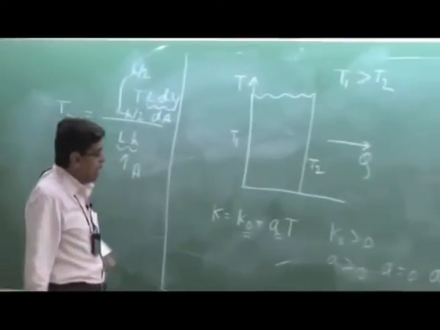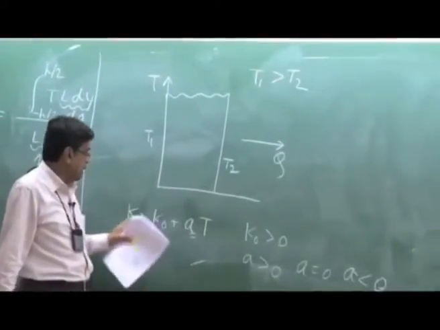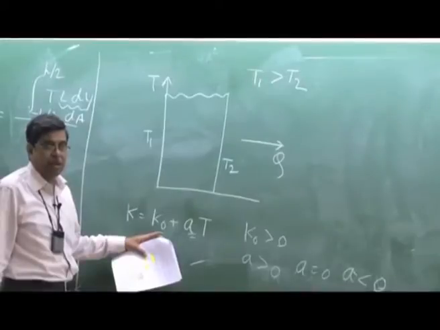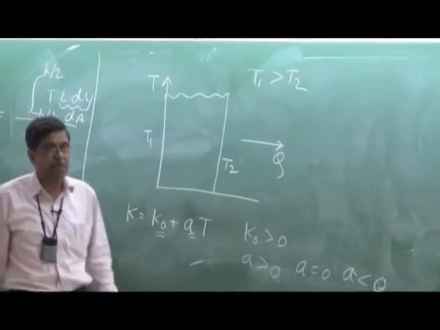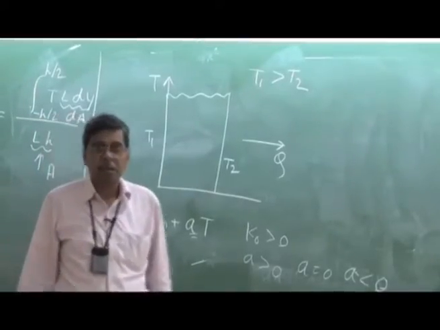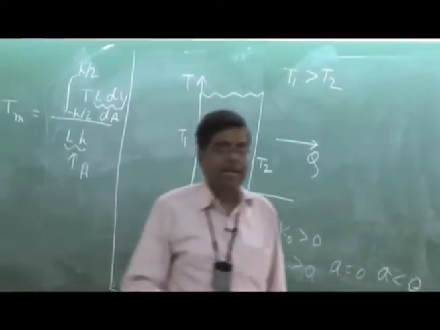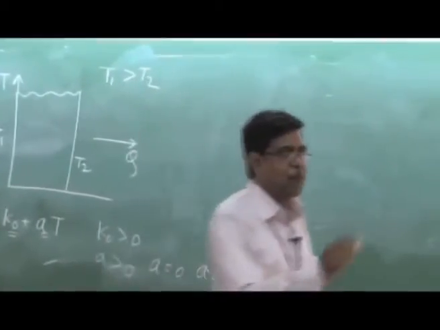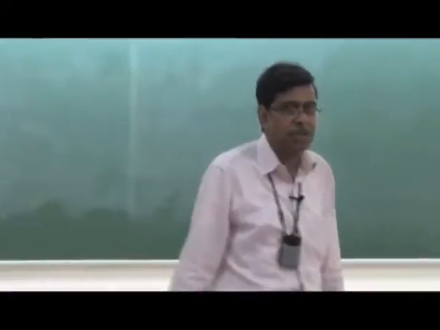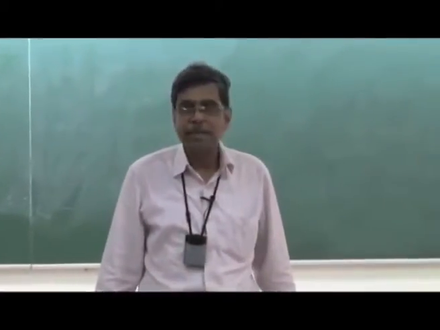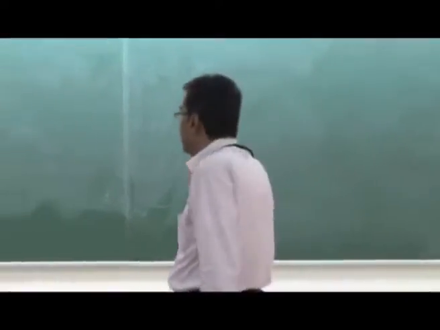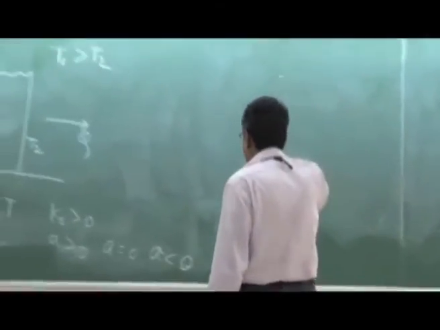Now when A is 0, K is K0, constant thermal conductivity, so the temperature distribution is linear. But when A is greater than 0 and A is less than 0, where from will we start? We will start from the steady state heat conduction equation for constant area.